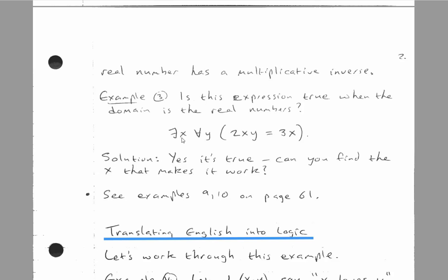Yeah, so x equals 0. If you multiply anything by 0, that's 0. So if x equals 0, then this is always going to be true. It doesn't matter what y is. Yeah, so this is true.